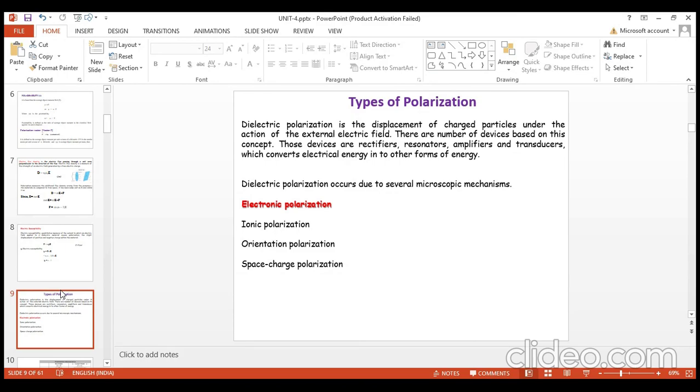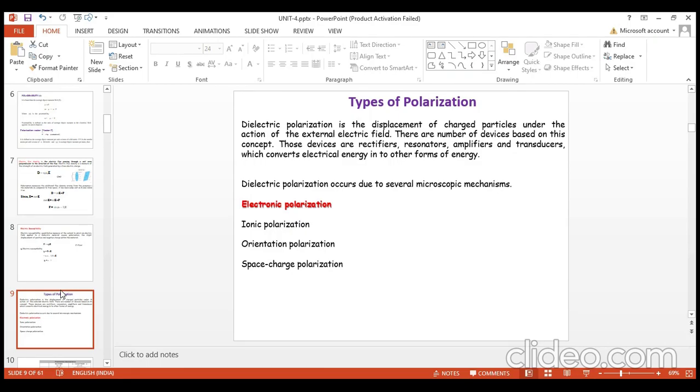Instead of a ferromagnetic material, here we are keeping dielectric materials. Dielectric polarization occurs due to several microscopic mechanisms. It can be classified into various types.